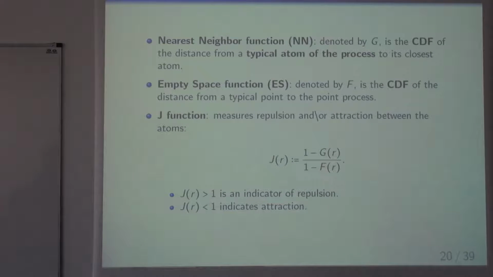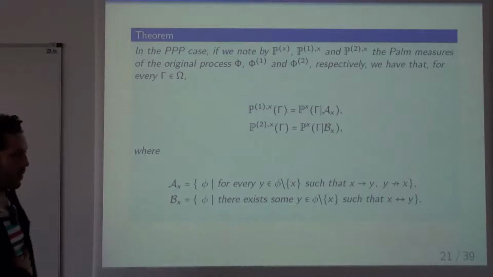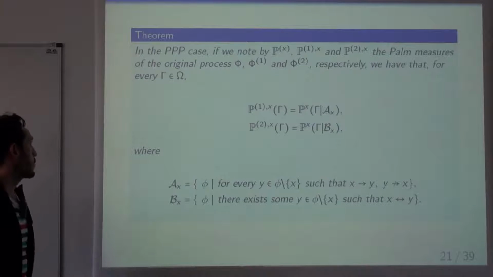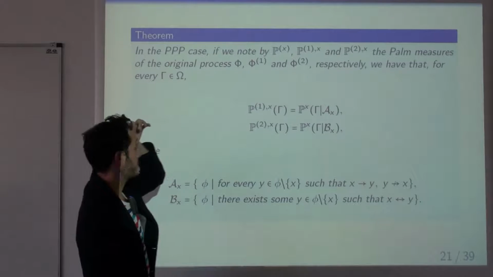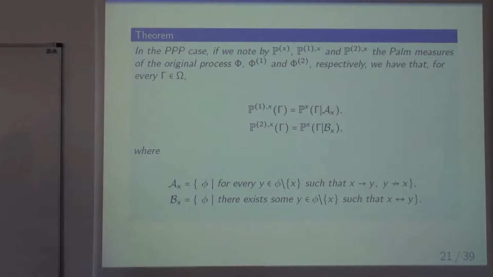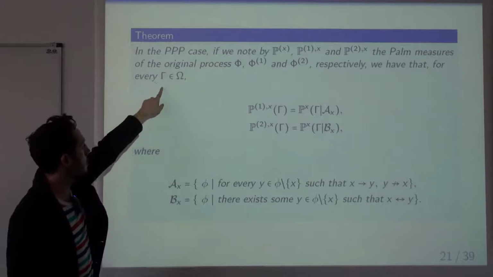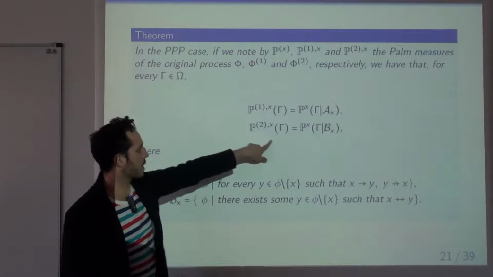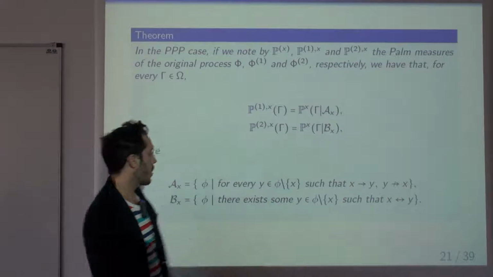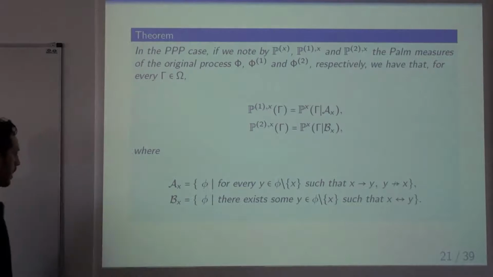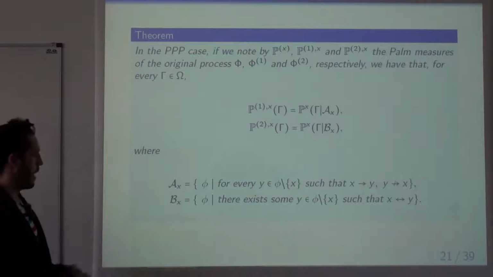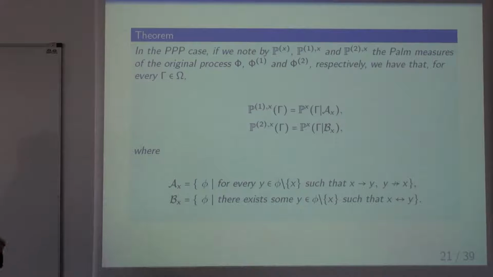So we needed to find an expression for the Palm measures of our new processes. In the Poisson case, we found it. If we denote by Px, P1x, and P2x the Palm measures of the original process phi, phi1, and phi2, respectively, we have that for every event, the Palm probabilities are given by these conditional probabilities, which are well defined because these two events have a positive probability because of the first theorem.